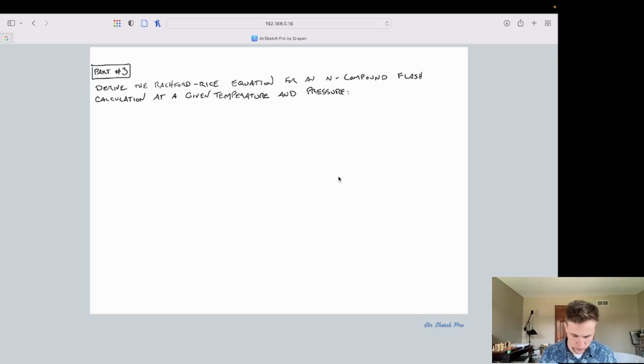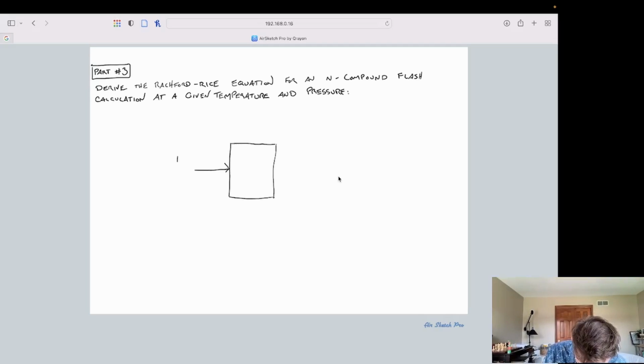What is going on in this situation is we have a flash drum, and for our flash drum we have a feed.